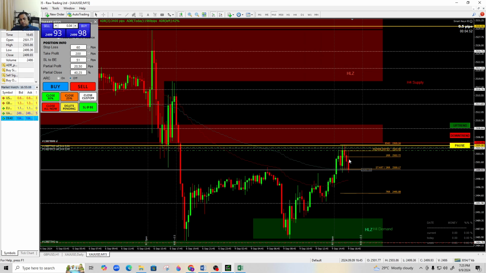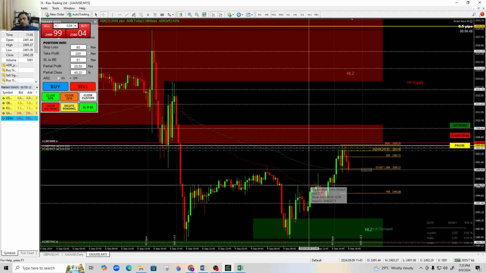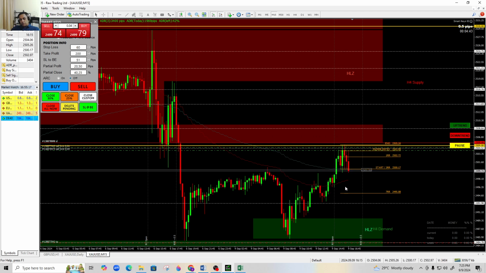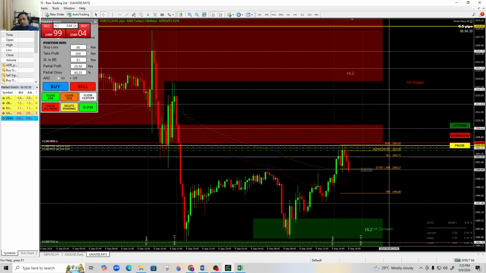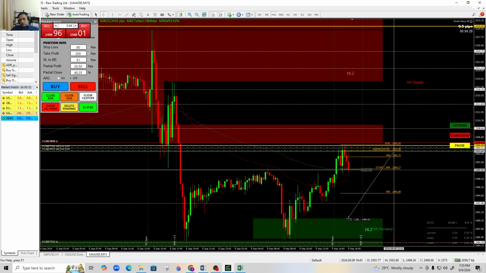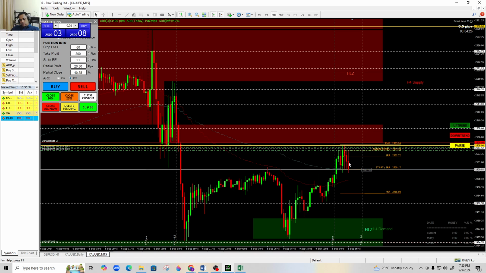So if price continues to come down and candles begin to close below the London high, which is 2497, then we are coming all the way down to the London low area, or to this demand zone. We're coming here, right? And that's a 140 pip trade with a 13 pip stop loss, without spread.